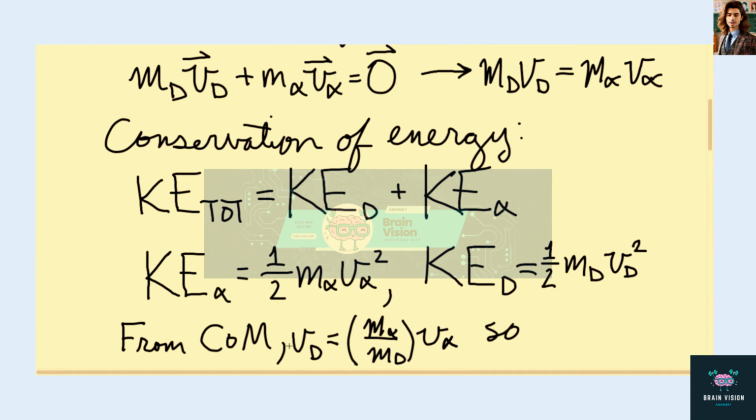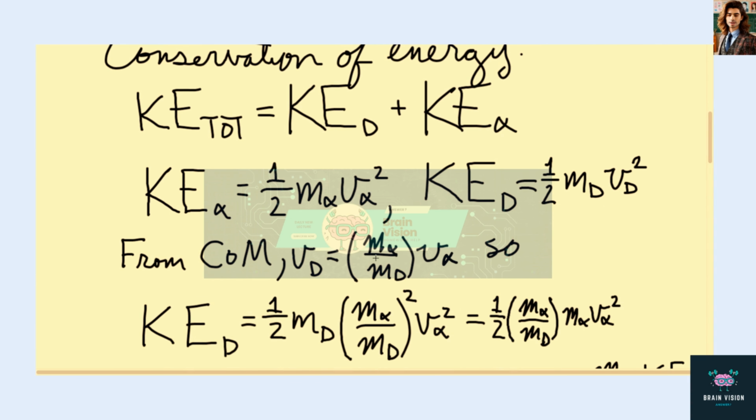With this, we can plug in our equivalent for v sub d into our kinetic energy for the daughter nucleus. I did that here. We can rearrange the factors such that we see that the kinetic energy of the daughter nucleus can be expressed as a fraction of the kinetic energy of the alpha particle. You see the 1/2 m alpha that I pulled out of the squared term, and the velocity of the alpha particle squared.